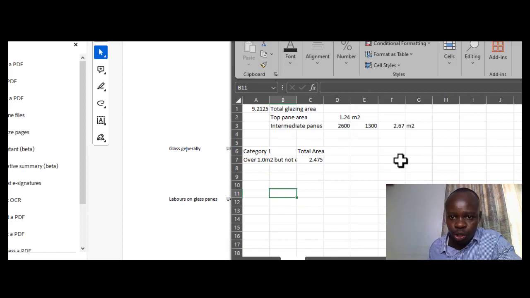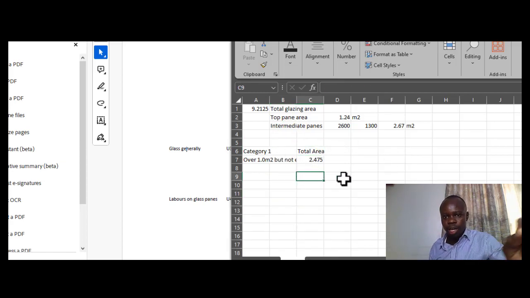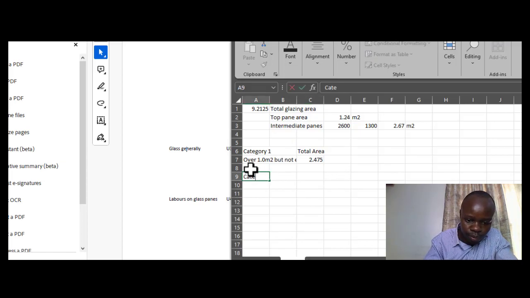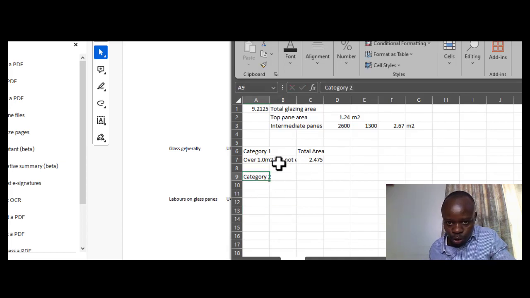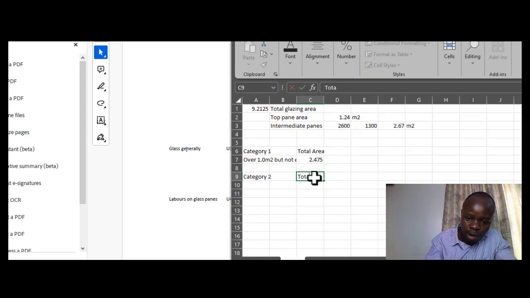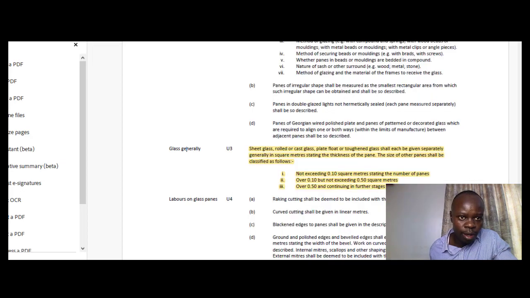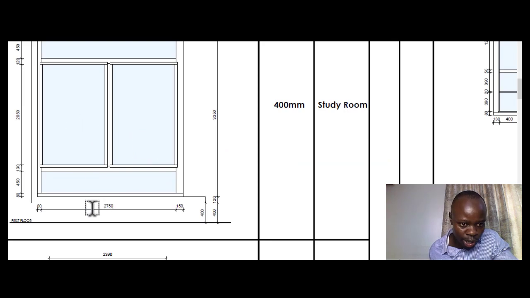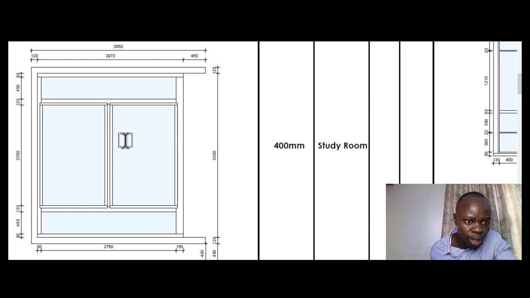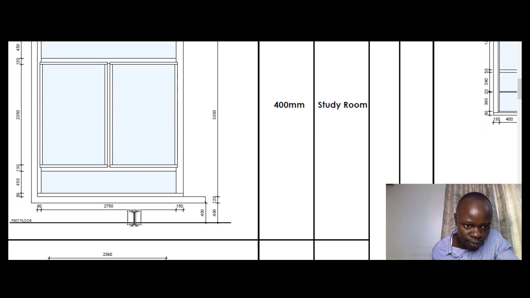Then now category 2. Category 2, we now also get its total area. Now the two intermediate areas, they are going to be 2.05 times the one that we already calculated.